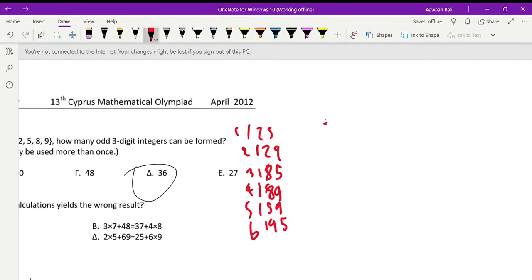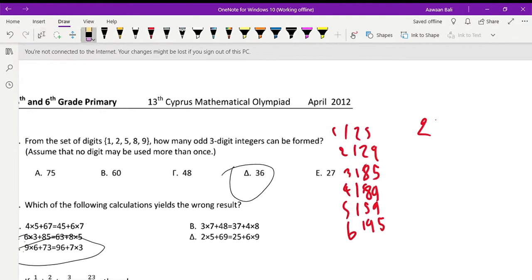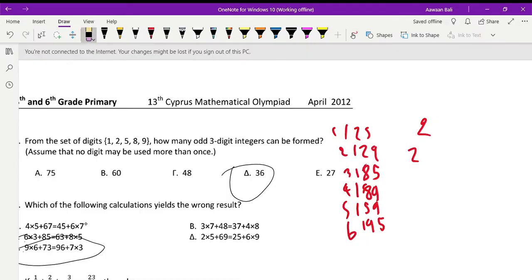Now if you do the next one, that's 2. That's going to be 2, 8, 1. Sorry. So that's going to be 2, 1, 5. No, sorry, 2, 1, 9.